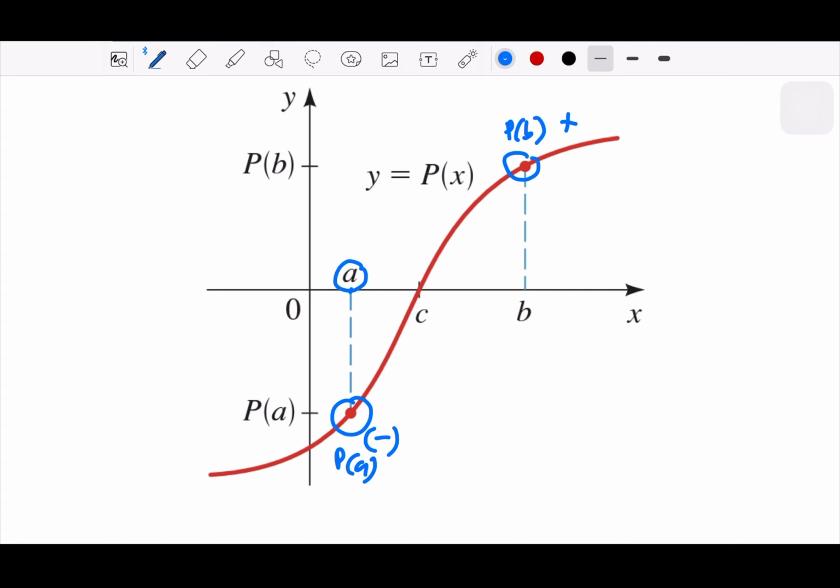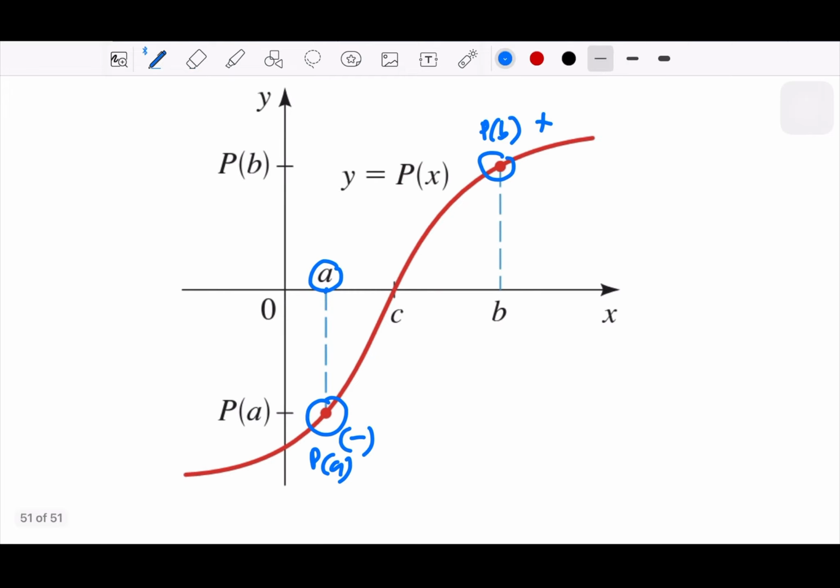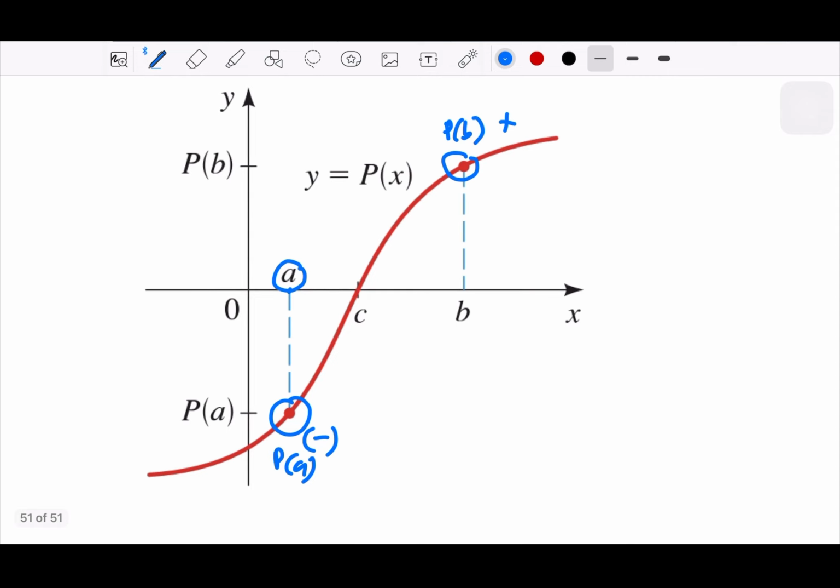So we know that P of A is negative and P of B is positive, but the curve needs to be connected. So it should go through the x-axis, it needs to cross the x-axis, which means it should have a C, and P of C is 0.